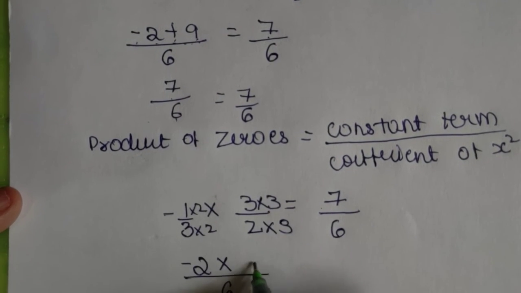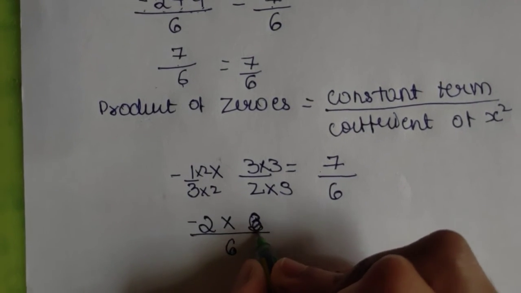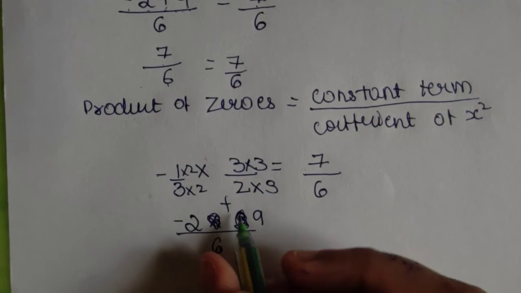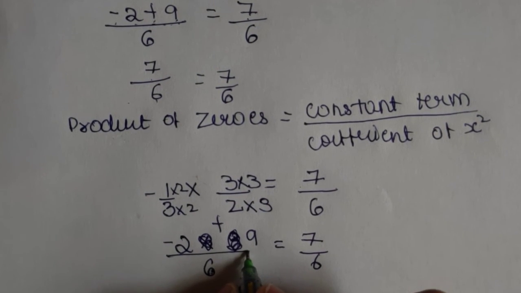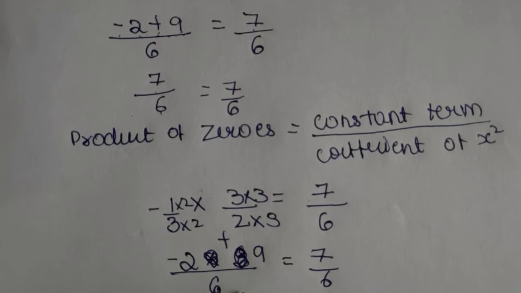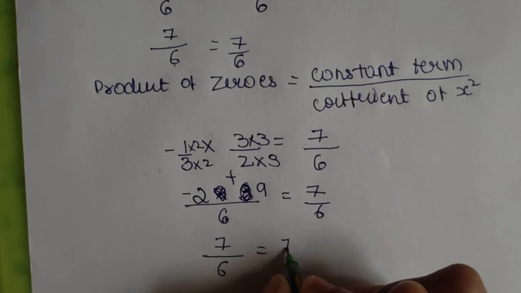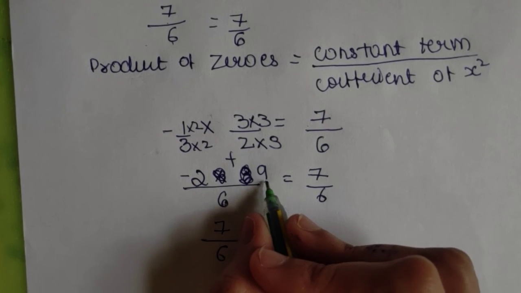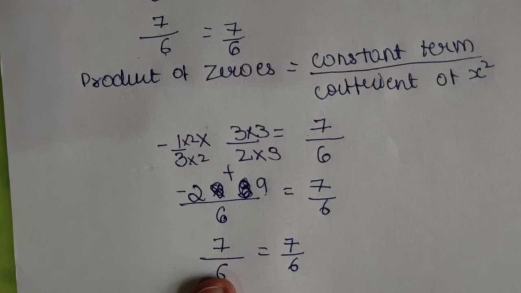And the other side 3 threes are 9. So here minus 3 by 6, so plus minus is minus. So when we subtract this, that comes 3 by 6, minus 1 by 2, is equal to minus 1 by 2. So both sides are equal.